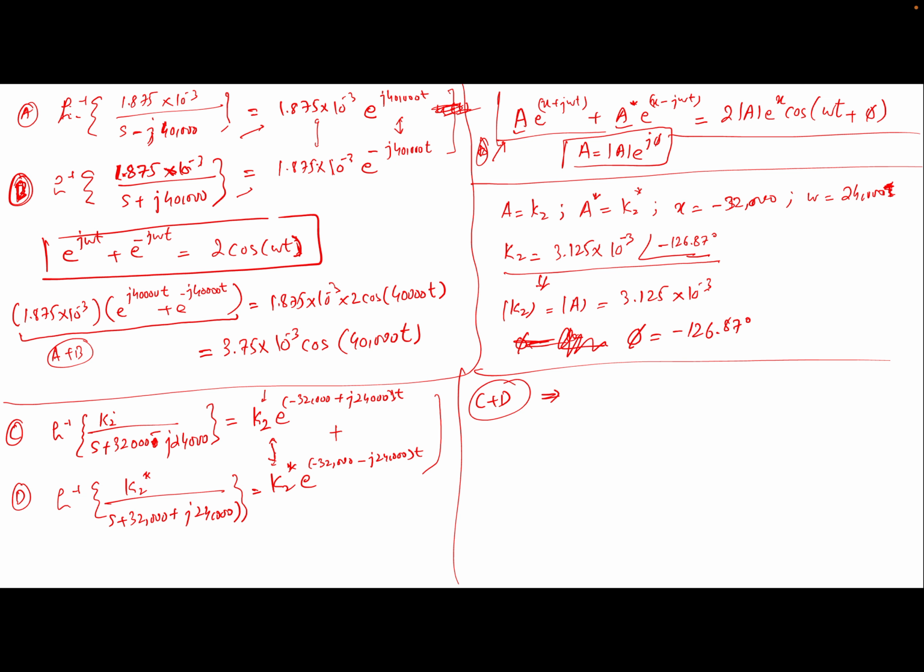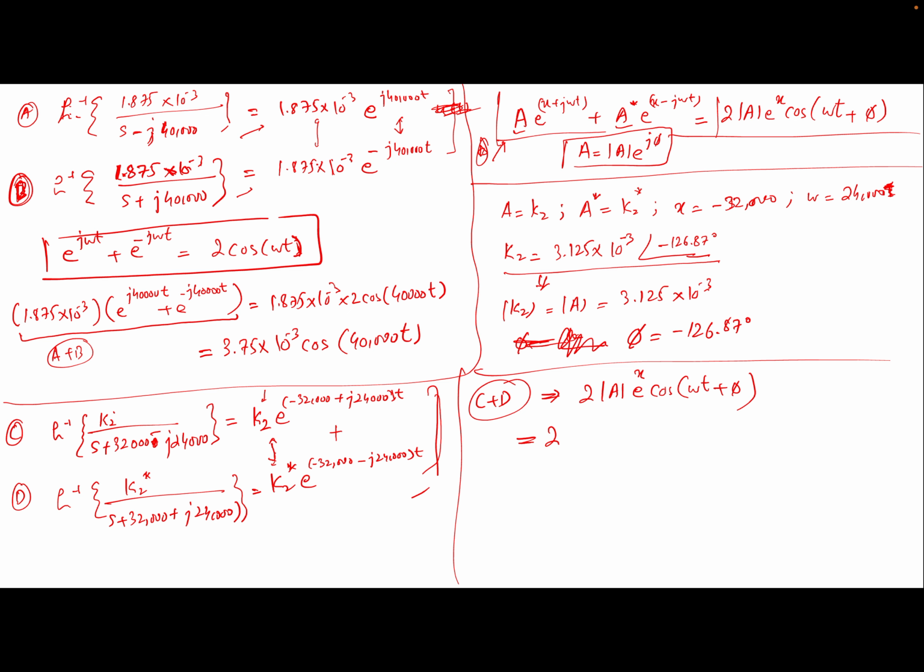If I add C plus D, these two things over here, the answer I'm going to get is 2 times this, right? So 2 times the modulus of A, e raised to the power x, cos of omega t plus phi.